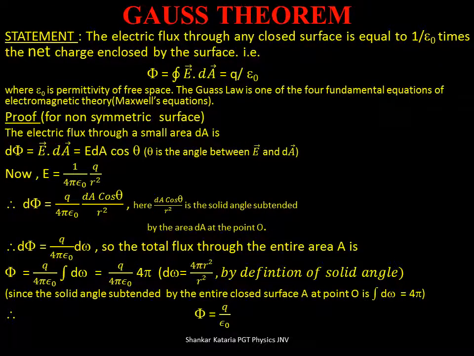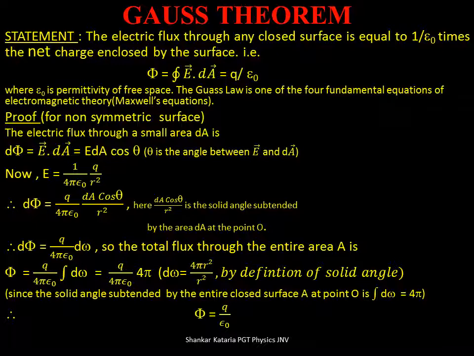As we all know, Coulomb's law was applicable to discrete charges only, and it could not be applied to a continuous distribution of charges. Hence there was a need for a law which could be applied to continuous charges, and it was fulfilled by Gauss.